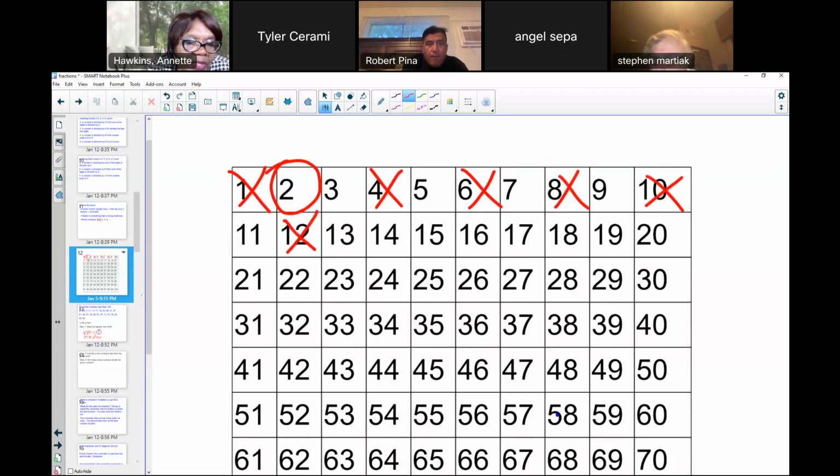Now, why are we crossing out all the numbers divisible by 2? Because we want only the prime numbers. If a number is divisible by 2, it's not going to be prime, because a number is always divisible by 1 and itself. So if it's divisible by 2, it has more than two factors. A prime number can only have two factors.